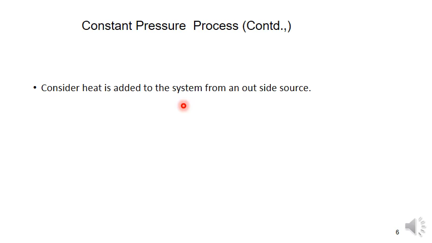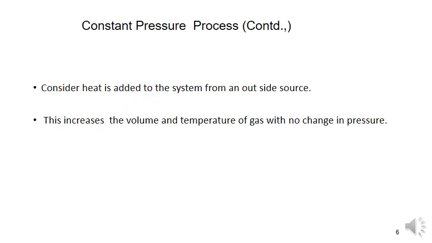Consider that heat is added to the system from an outside source. This increases the volume and temperature of the gas with no change in pressure. We are keeping the pressure constant.